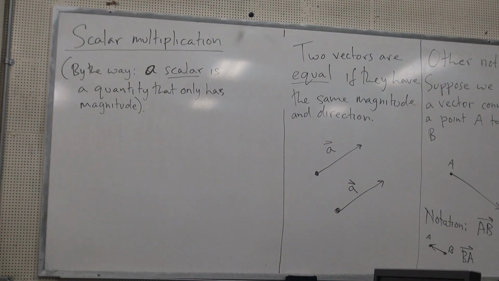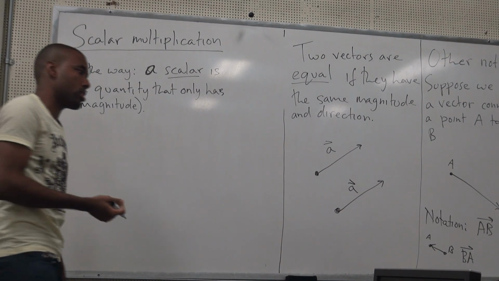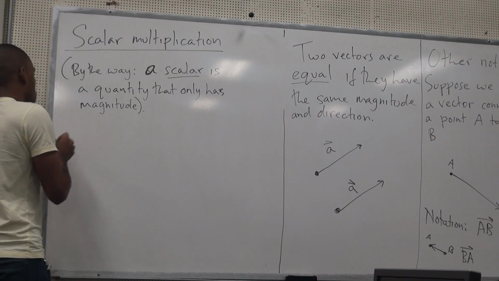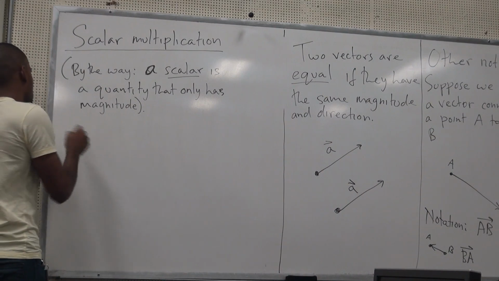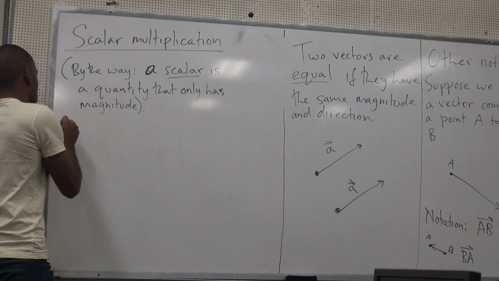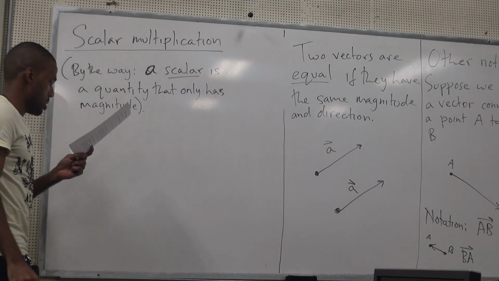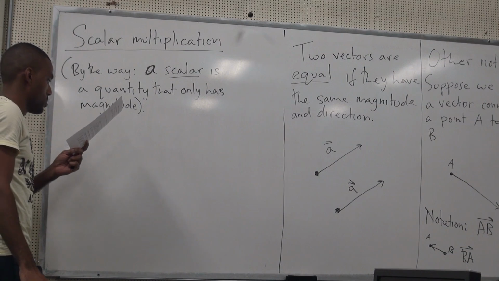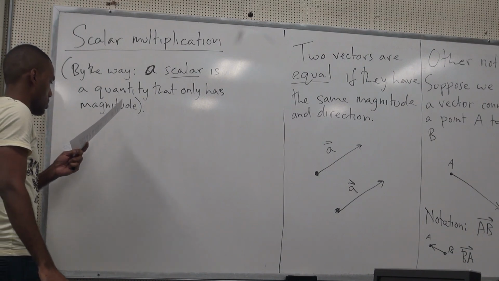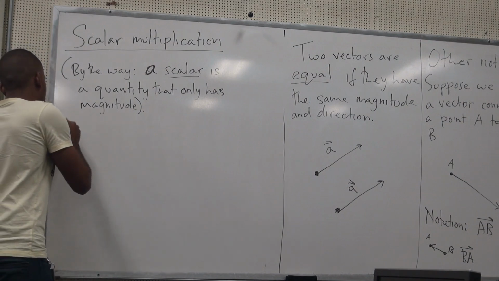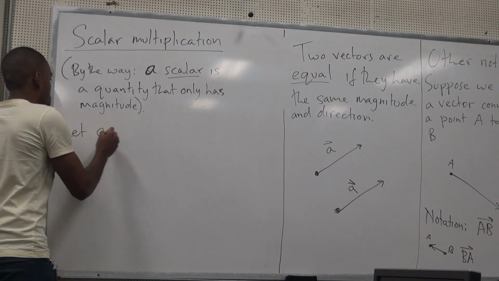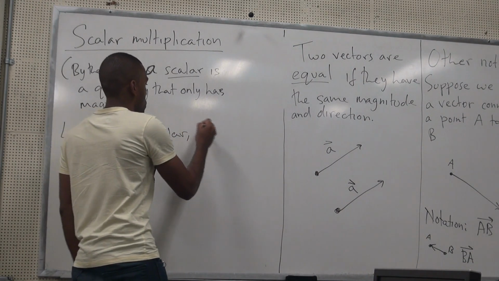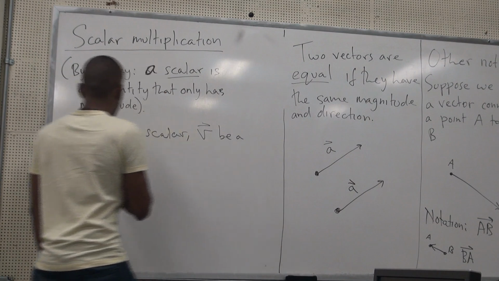So for example, speed is a scalar while velocity is a vector. We can actually do a scalar multiplication. So we can say let c be a scalar, v be a vector.